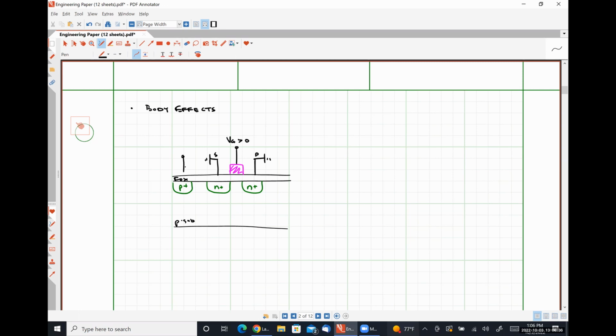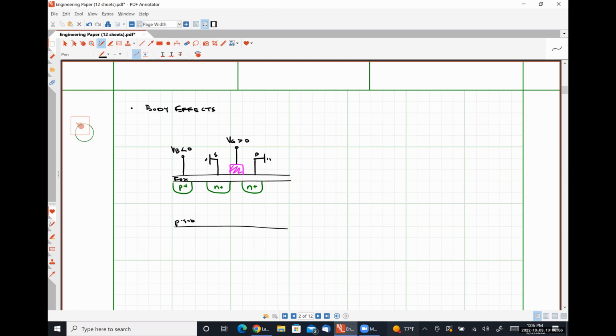But our voltage VB is less than 0. So our body potential is lower than that of our source potential in this particular case.